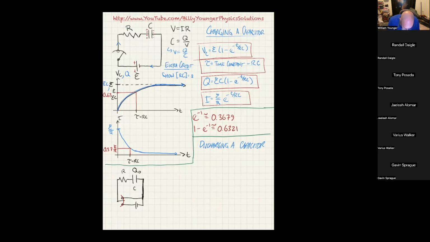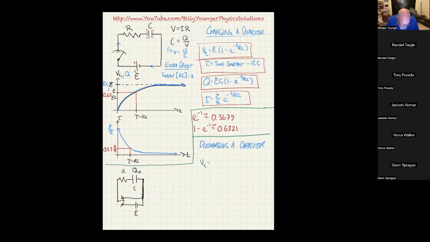We don't necessarily know what charged it, because you could just be given a charged capacitor, right?